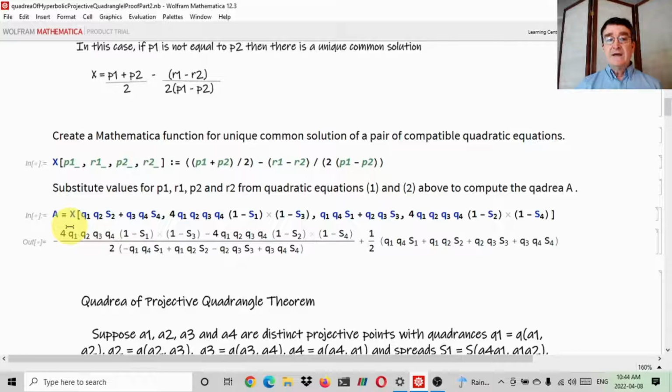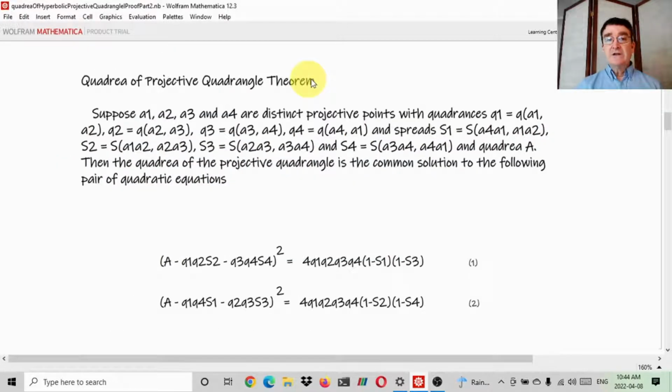of the projective quadrangle. Okay, so what I'll do is I'll restate the quadrea of the projective quadrangle theorem, which says, suppose A1, A2, A3, and A4 are distinct projective points with quadrants Q1, the quadrance between A1 and A2, Q2, the quadrance between A2 and A3, Q3, the quadrance between A3 and A4, and Q4, the quadrance between A4 and A1, and spreads, S1 is the spread between the line A4, A1 and the line A1, A2.